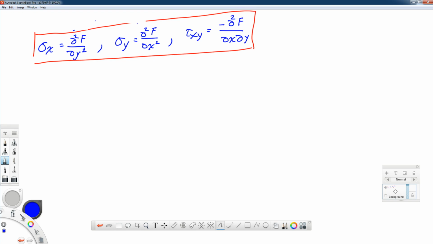Well, let's take a look at something else that we did previously as well. We looked at combined equilibrium and compatibility.